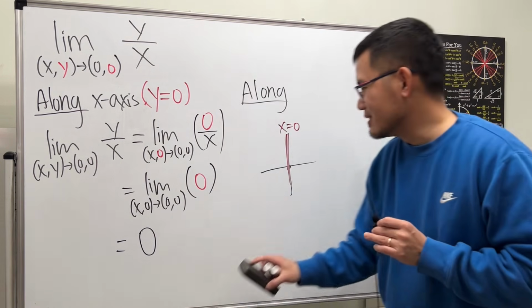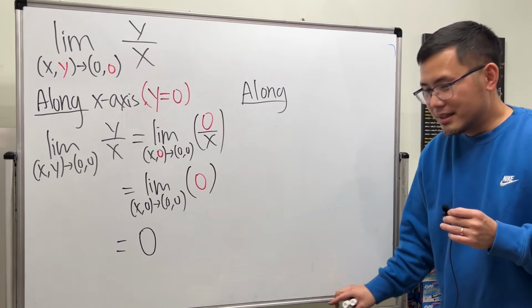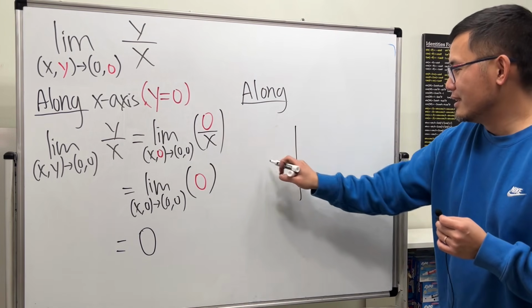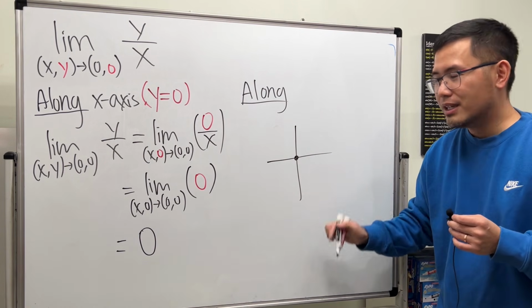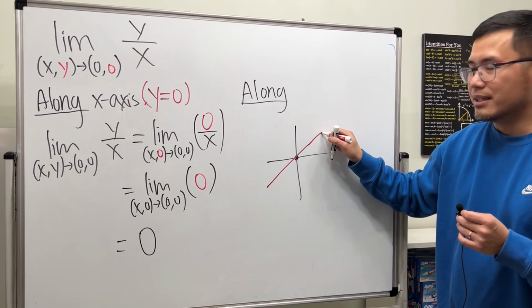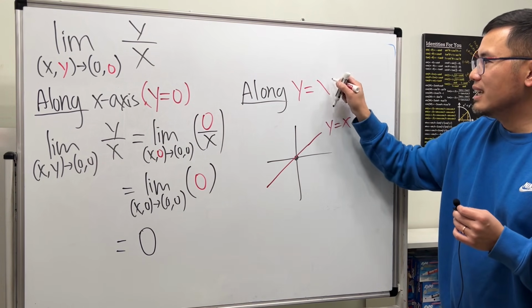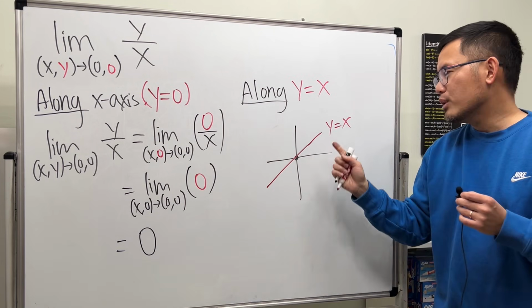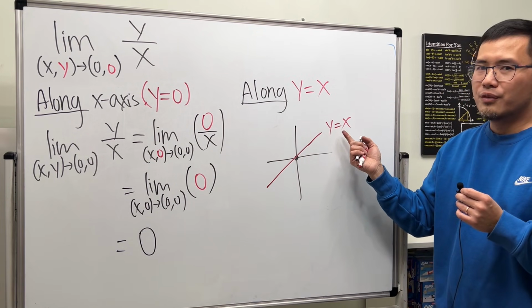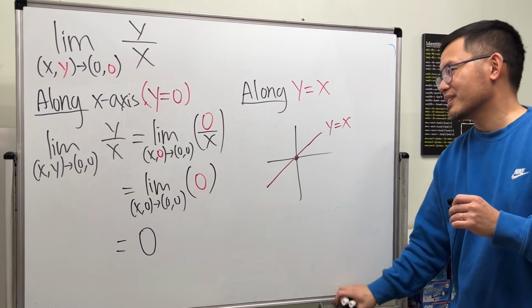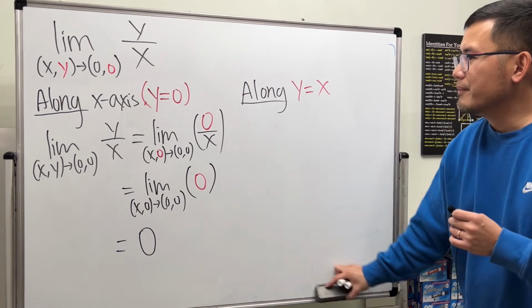I don't like that personally. So let's do it diagonally. I want to go to 0 diagonally. So let's go ahead and choose this diagonal, y equals x. In fact, you can pick any other slope right here for the line. They will still work.